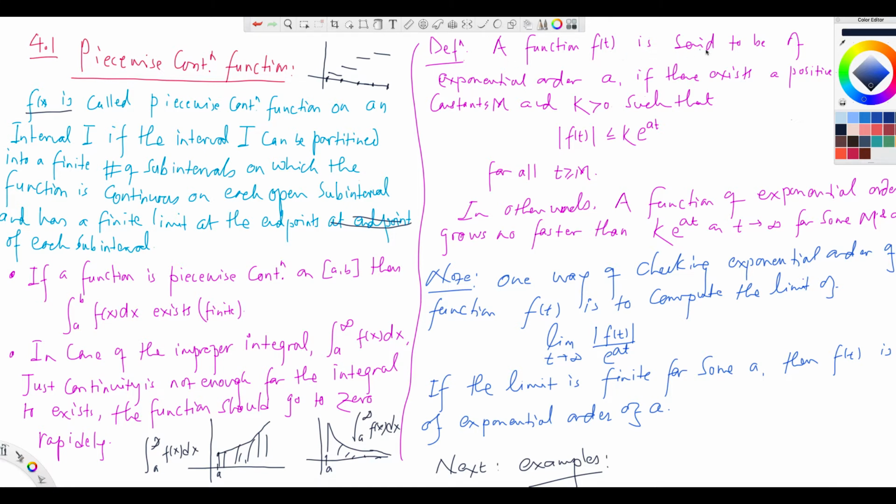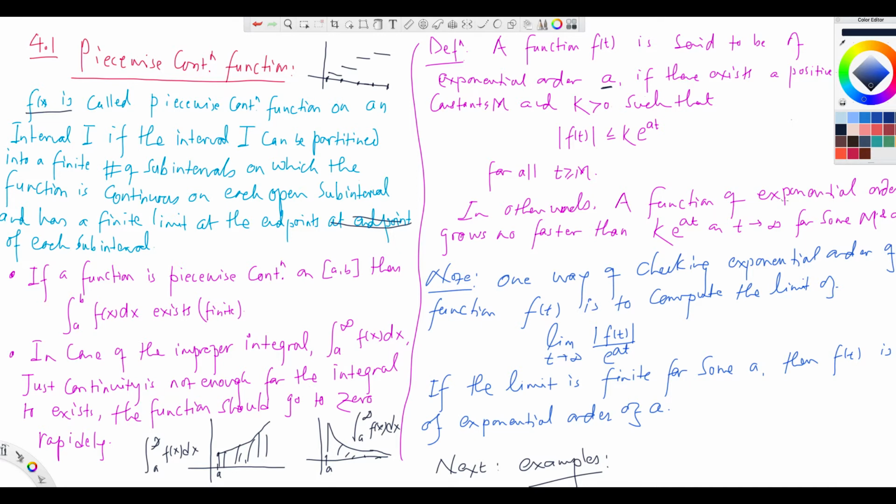A function f(t) is said to be of exponential order a if there exist a positive constant M and K, positive also, such that the absolute value of f(t) is less than or equal to K times e to the at for all t greater than or equal to M. So after the time point M, if the absolute value of the function f(t) is less than or equal to K times the exponential function, then we call f(t) of exponential order.